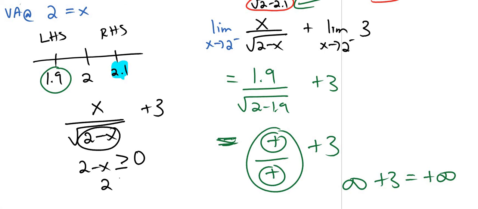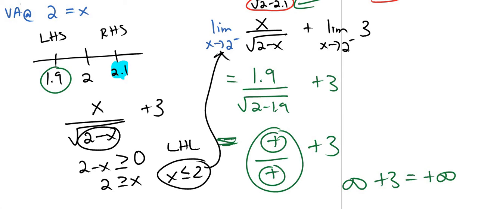If you do that, then x is less than or equal to 2. So this is really a left-hand limit. That's why you only need to evaluate that limit to actually get an answer, and the right-hand limit never gave us an answer because of the restriction on that radical. Alright, so that concludes this video, and the next videos will focus on continuity.